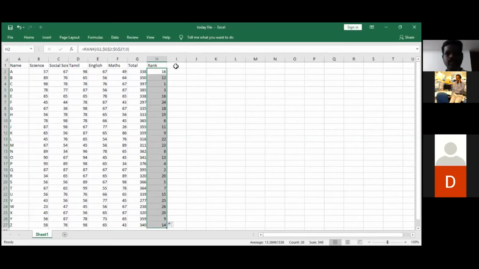Then go for average. Average means the mean value.